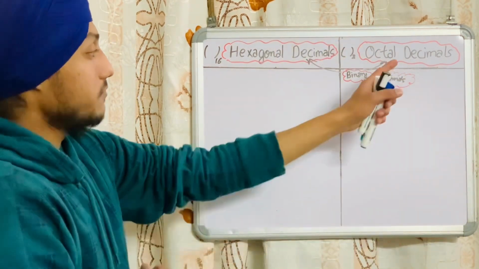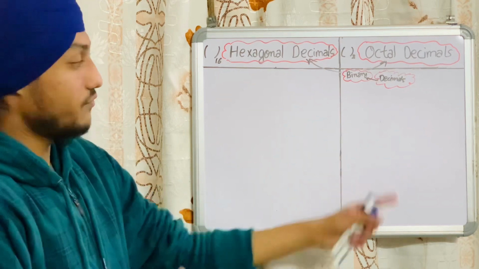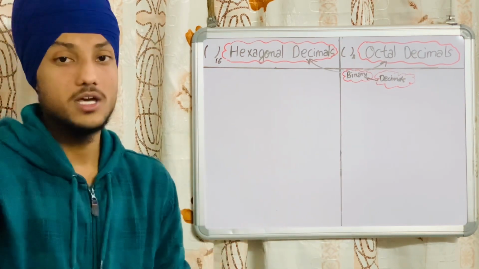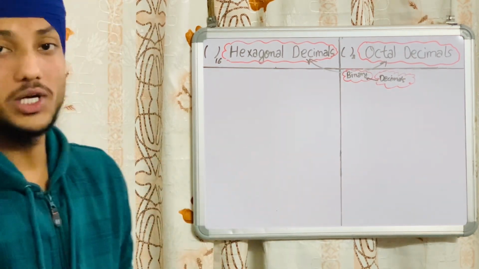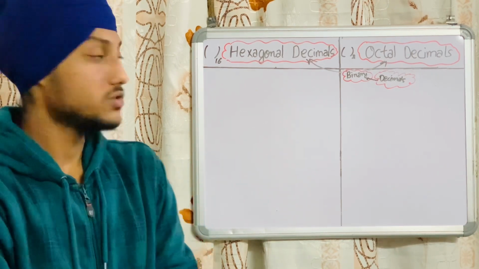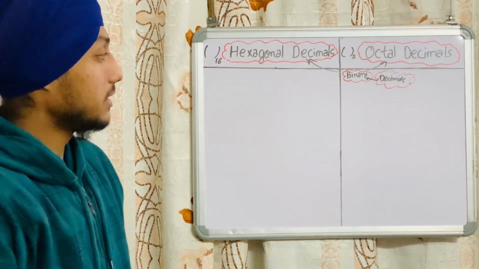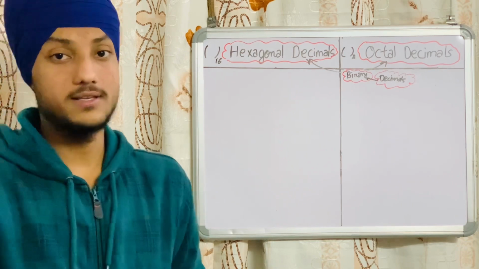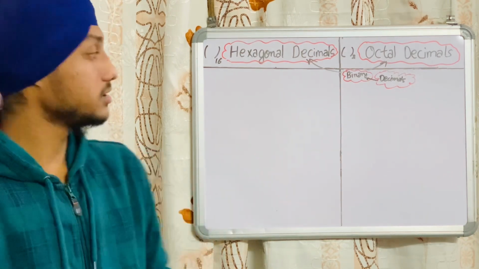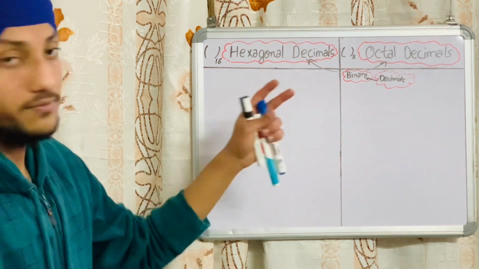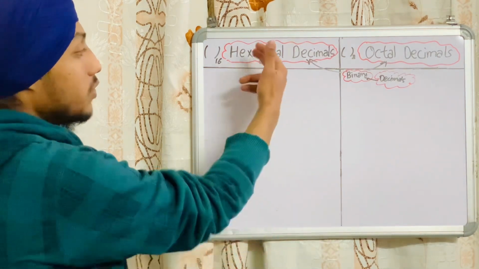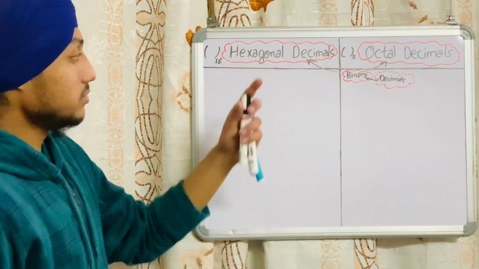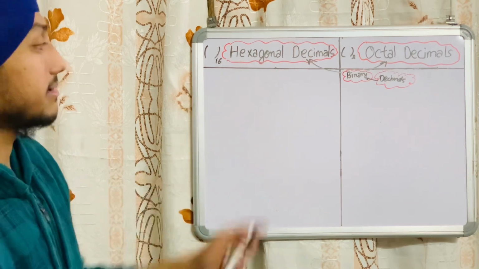So for example, if we are converting octal to decimal, we first have to go through binary. So binary is the base unit of every system. So for converting any type of system, this is going to be the first step, and the second step is going to be to convert that into octal or hexadecimal system.